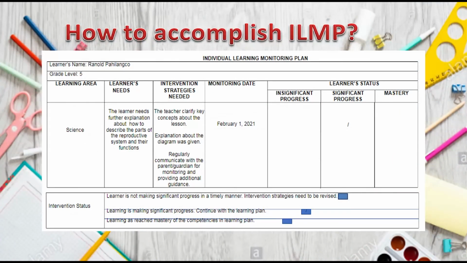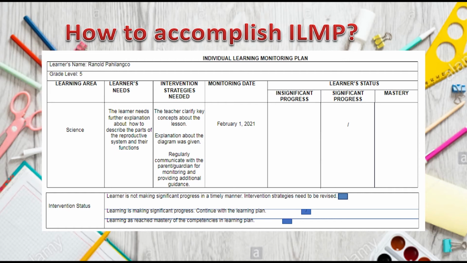Here is an example of how to accomplish the individual learning monitoring plan. So you have here the learner's name, for example, Ronald Pahilangco, grade level, grade 5, learning area, science subject. The learner needs further explanation about how to describe the parts of the reproductive system and their function.